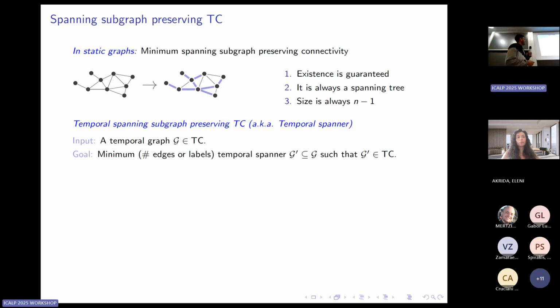In the temporal setting, we are given a temporal graph, and the goal is to find a subgraph of it that contains a minimum number of edges and preserves the temporal connectivity. The existence is guaranteed because we can just pick the graph itself, and the complexity actually is open.